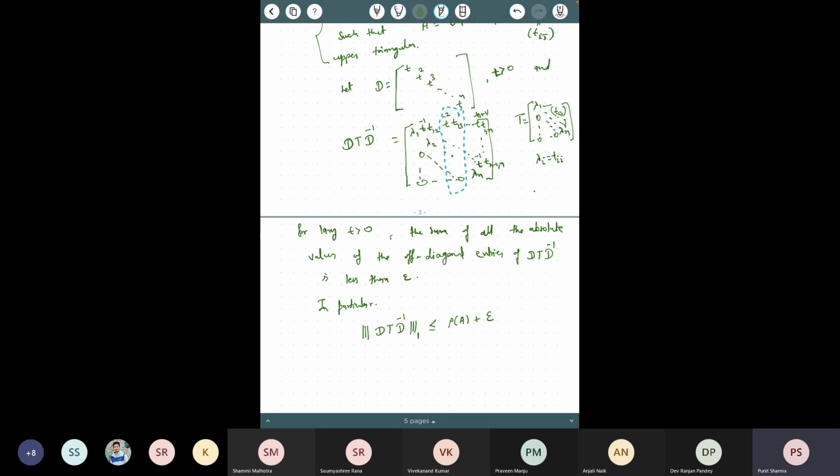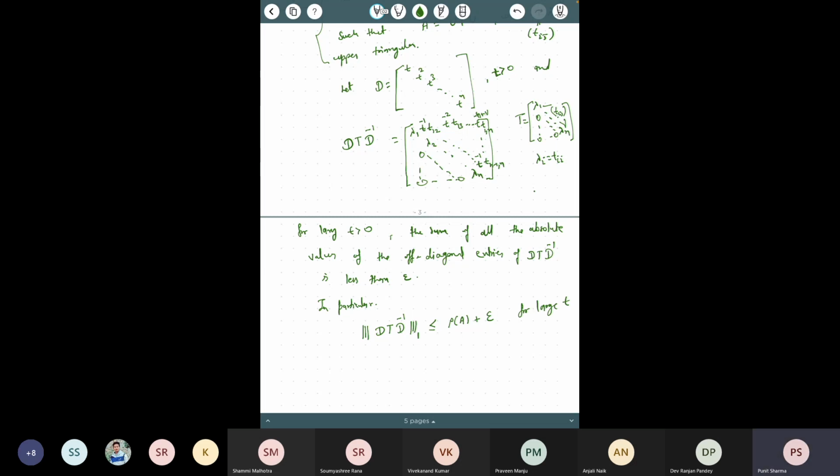But we know the sum of all the off-diagonal entries is less than epsilon, and mod lambda j, which may not be the largest, is also definitely less than or equal to rho A, the largest eigenvalue in modulus. So definitely the 1 norm of this is less than or equal to rho A plus epsilon for large t.